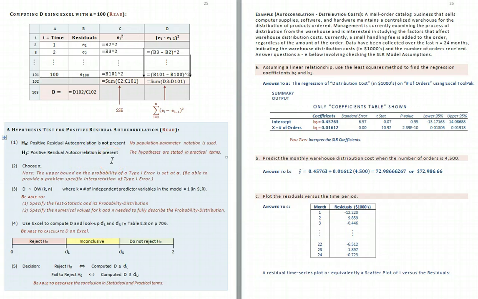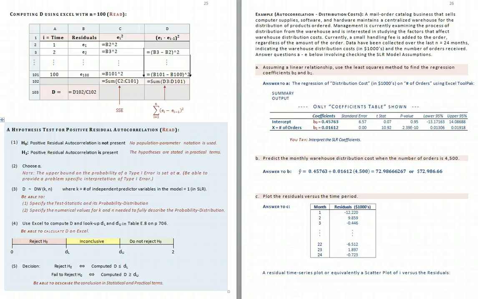That is, that the independence assumption is not satisfied. If the computed value of the Durbin-Watson statistic is greater than or equal to the upper critical value, we fail to reject H0. That is, we decide positive residual autocorrelation is not present.